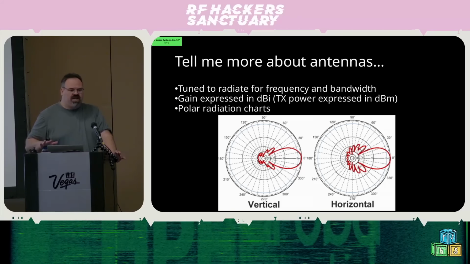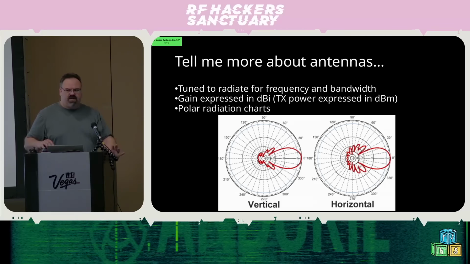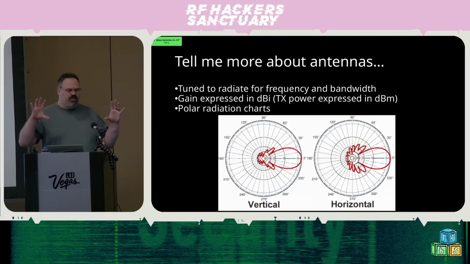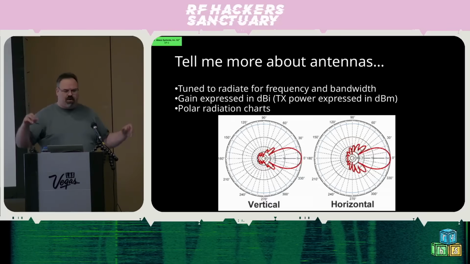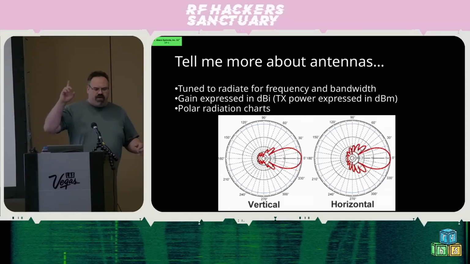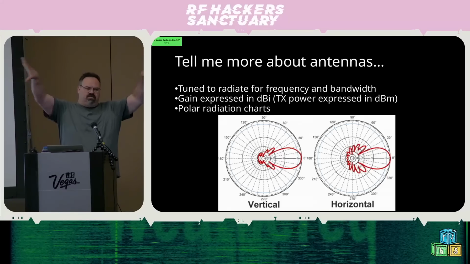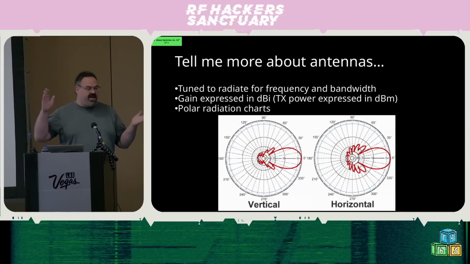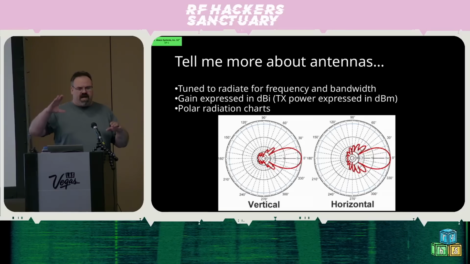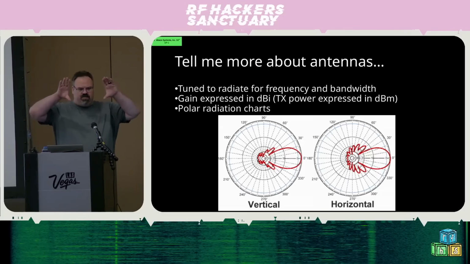As you increase the gain, it increases the signal strength, but reduces the area in which it sends it. So think of a dipole, 3 dBi, sends out kind of a broad swath everywhere. Go to a 9 dBi dipole, and your radiation pattern is much more flattened.